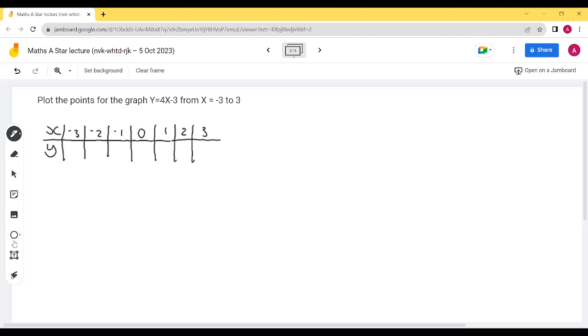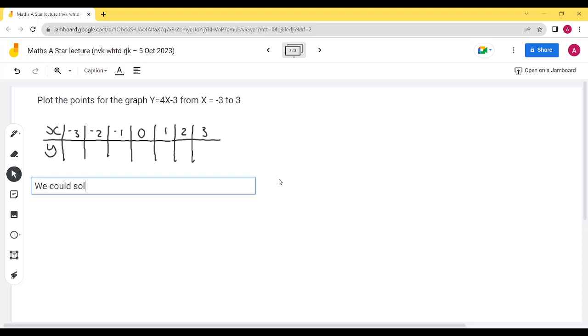And so to solve this, there's two ways you could do it. There's a long-winded way, but there's a simpler way. We could solve this question by simply inputting the value for x into our formula for each coordinate. So I'll show you what I mean.